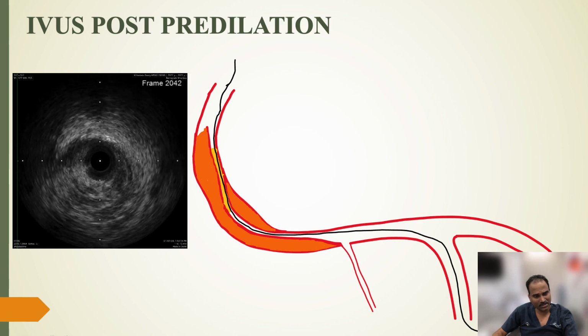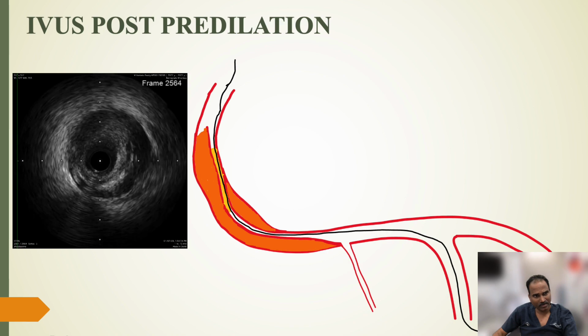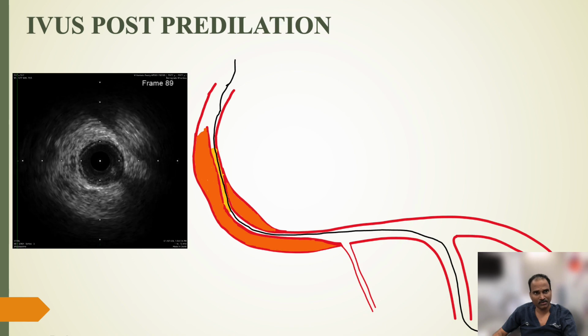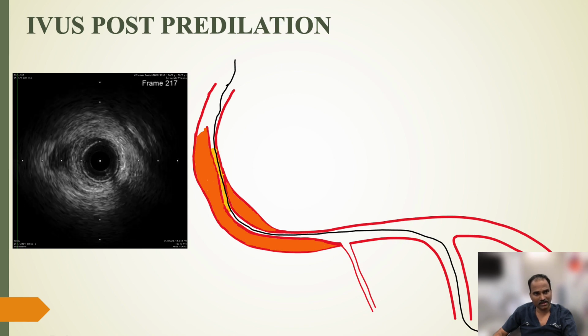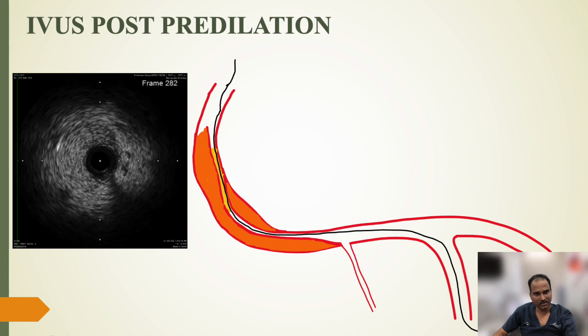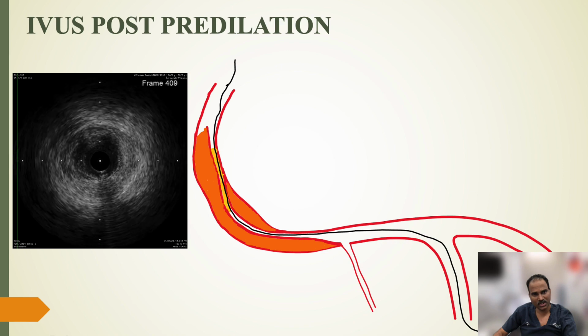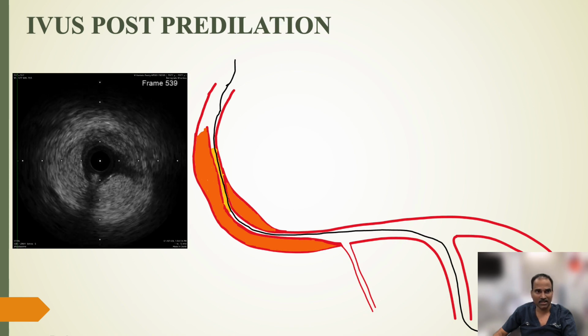You can see this is a CTO segment. At this stage, we decided that if you stent this, there is every possibility this IMH can be squeezed down and can close the branches and also close the distal vessel.